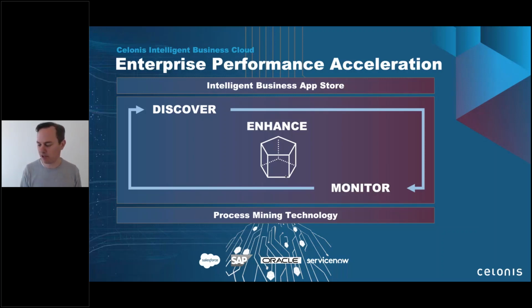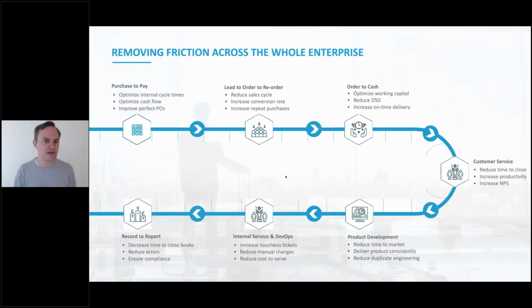So this is, of course, valuable across a range of incredibly important operational processes in your business, from your purchasing process to your selling process for lead to order, for order to cash, thinking about how we look at, for example, working capital, day sales outstanding, and the order to cash process, even in things like the product lifecycle management, product development process, thinking about how we can reduce, for example, time to market.